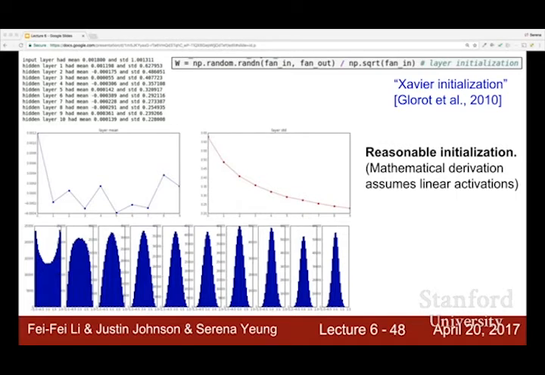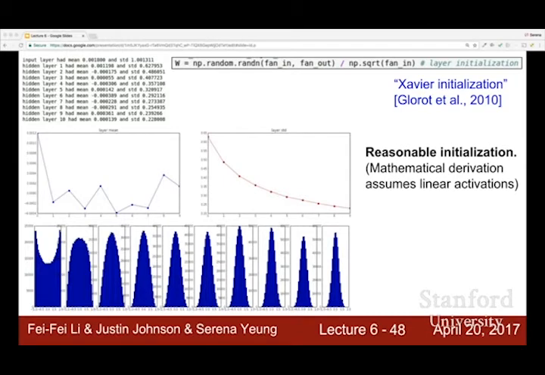And intuitively, what this means is that if you have a small number of inputs, then we're going to divide by this smaller number and get larger weights. And we need larger weights because with small inputs and you're multiplying each of these by a weight, you need larger weights to get the same larger variance at output, and kind of vice versa if we have many inputs, then we want smaller weights in order to get the same spread at the output.